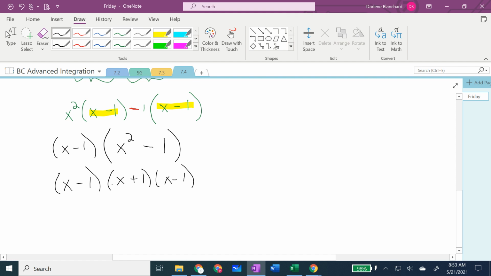In the past, if these were 3 distinct linear factors, then I would just do a over x minus 1 plus b over x plus 1 plus c over a different denominator. But when I have this, I can't just throw in x minus 1 a second time.